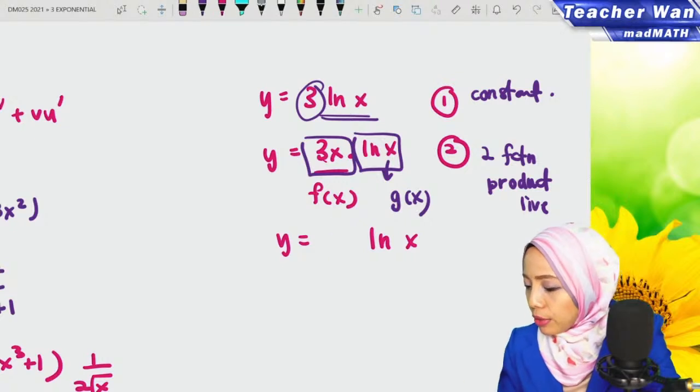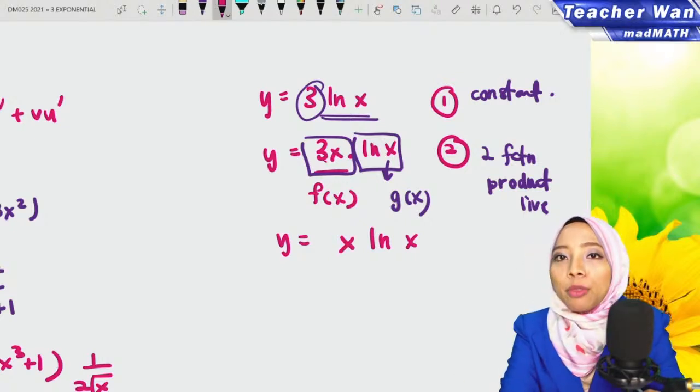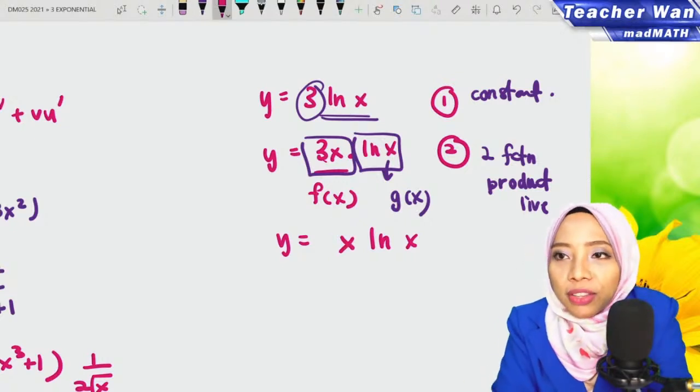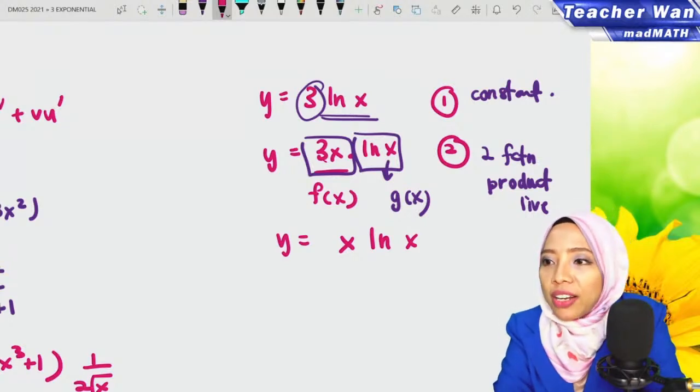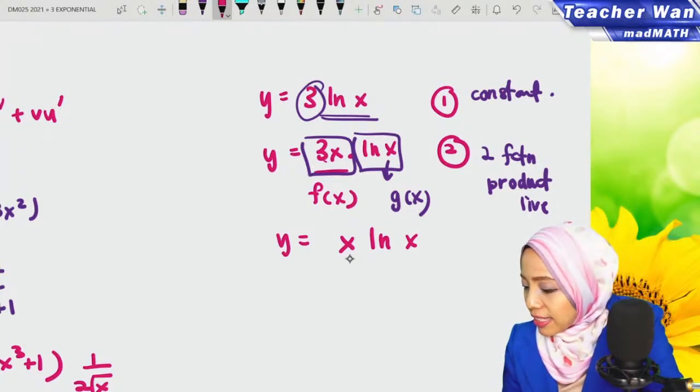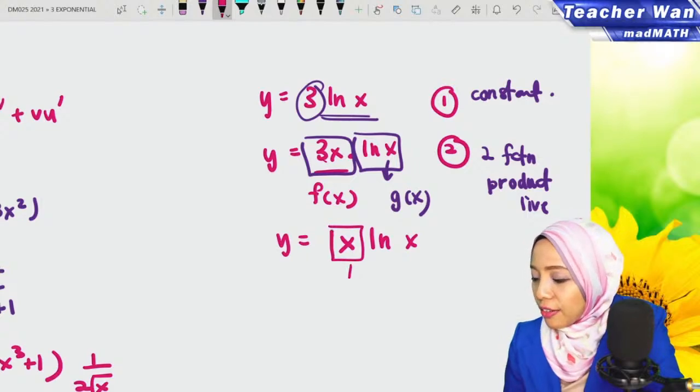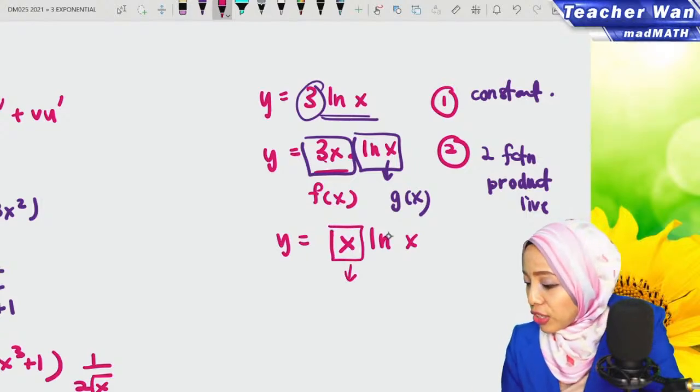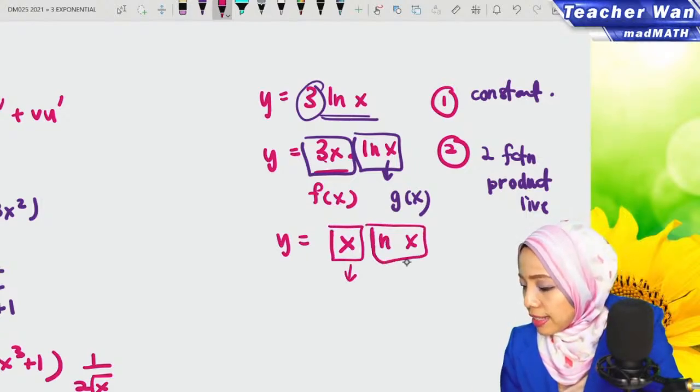Is this product rule? Do you need product rule to solve this, the derivative of x ln x? Yes, because this one is f(x), the first function, and this one is another function.